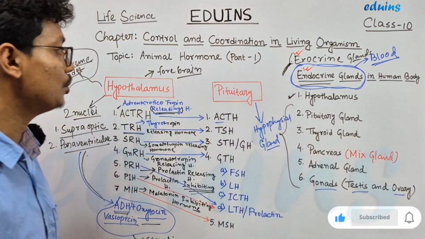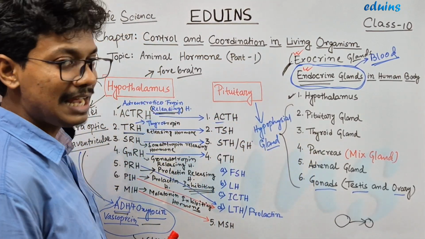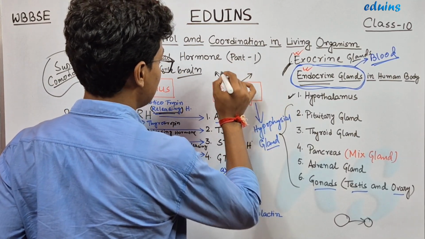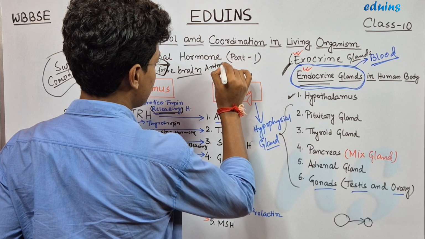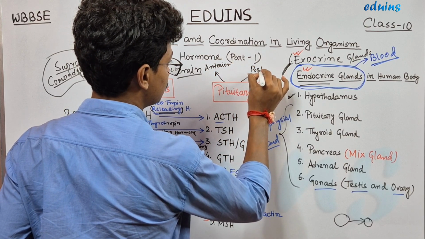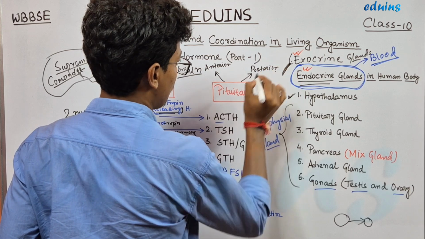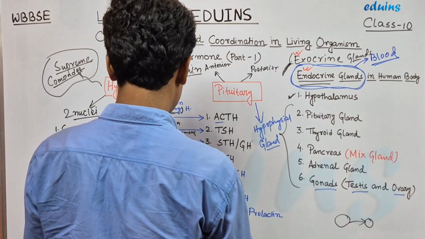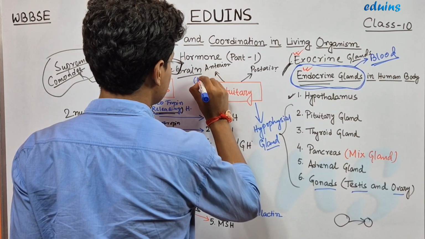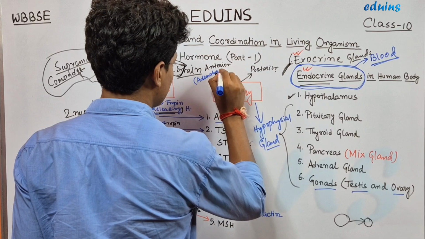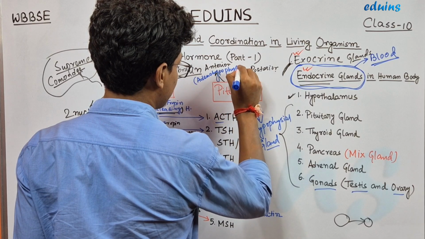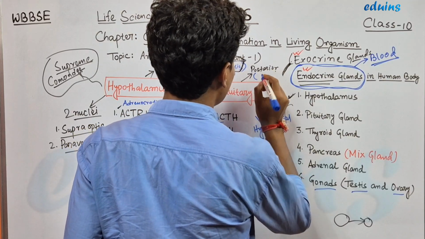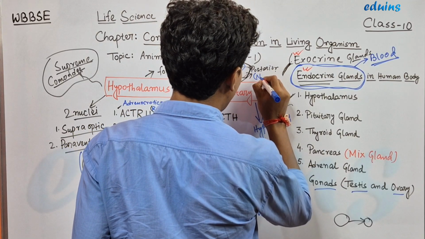The pituitary gland, also known as the hypophyseal gland, has two lobes: the anterior pituitary and the posterior pituitary. The anterior pituitary is known as adenohypophysis, and the posterior lobe is known as neurohypophysis.